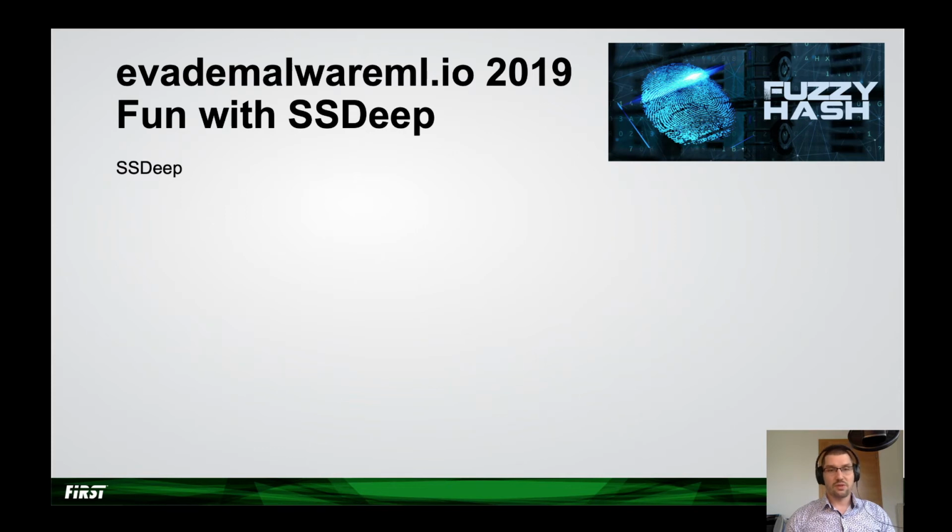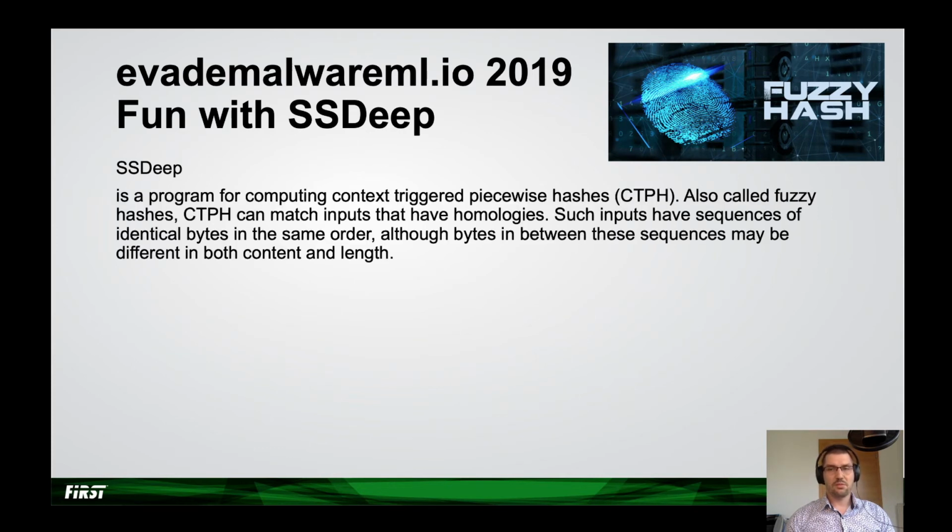I also checked some of the samples with SSDeep. SSDeep is basically a fuzzy hash, and the way it works is that if there are two samples from the same malware family, then by generating the fuzzy hashes, you can easily calculate that these two malware samples are close together.